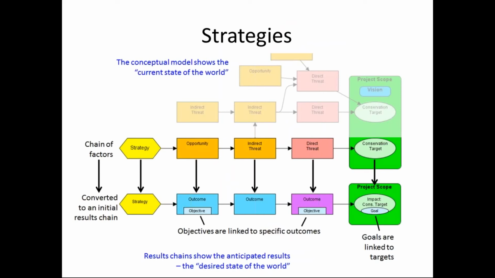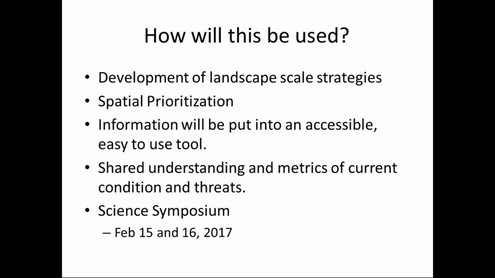You may be wondering how the information we're getting from you will be used. The final goal is that if we understand what the limiting factors are, what the condition of things is, what the threats are, and what some effective strategies are, we can develop shared, landscape-scale conservation strategies.